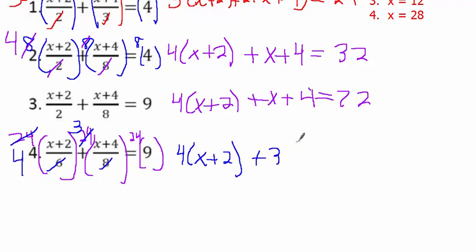Now this time my second one is also multiplied by 3. And guess what? My other side of the problem, it can get big, because this is going to be 24 times 9. That's okay. It's not a fraction. So we'll deal with the big numbers. It'll be easier to deal with.